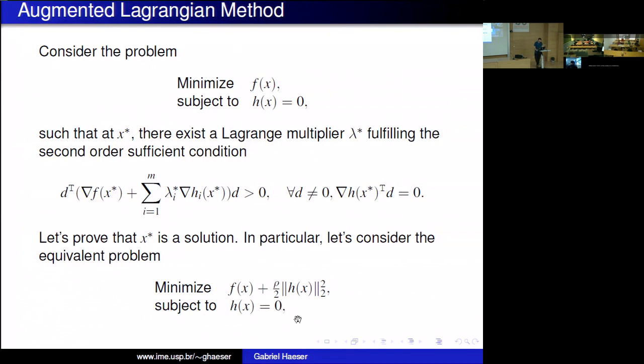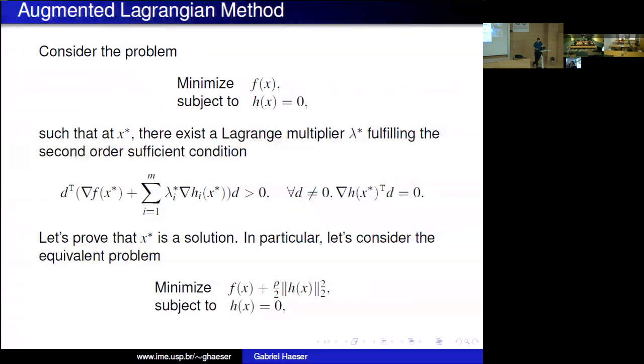Okay, so note here that this other problem is equivalent to the first one. For every feasible point, the objective functions are the same. This term that I added here, I do not add anything if I am at a feasible point. So the solution should be the same. You can use this problem to solve the first one.